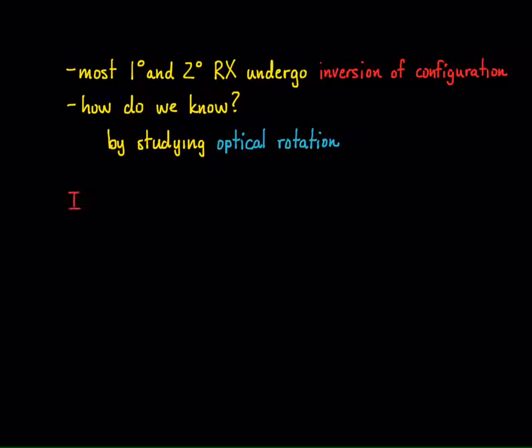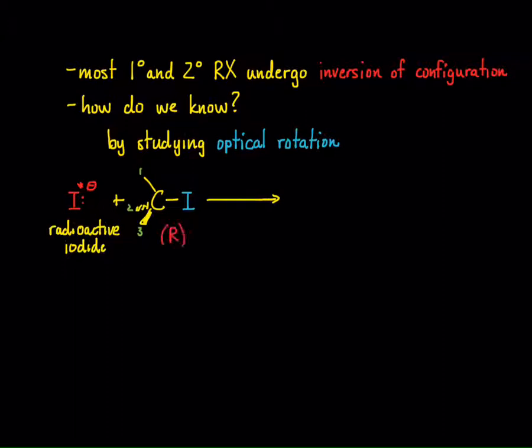One potential way is to take a nucleophile, let's say iodide, and we can actually use radioactive iodide, and we can monitor a chiral molecule that has iodine as a leaving group. So for simplicity's sake, let's say that our radioactive iodide reacts with this alkyl iodide, and let's say the alkyl iodide has an R absolute configuration.